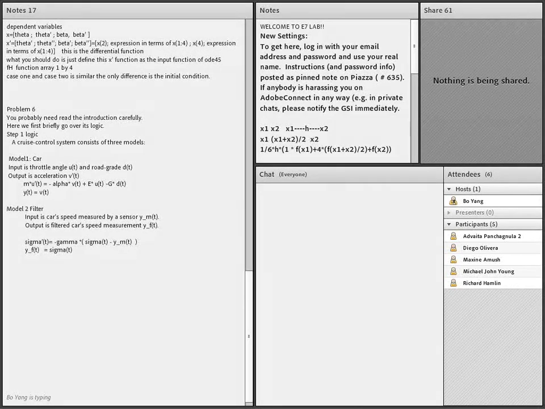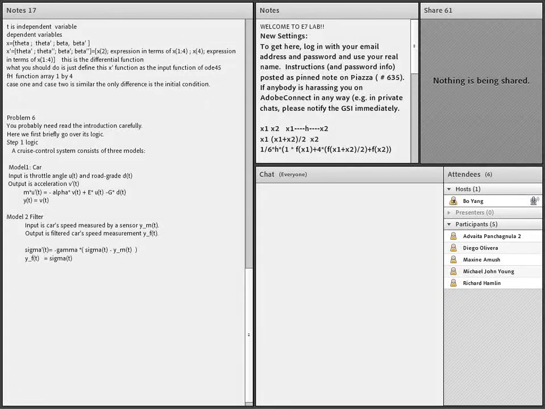This is the first model, and the second model is the filter model. The input is the car's speed measured by a sensor. We name it ym(t). And the output is the filtered car speed measurement. It is yf(t).